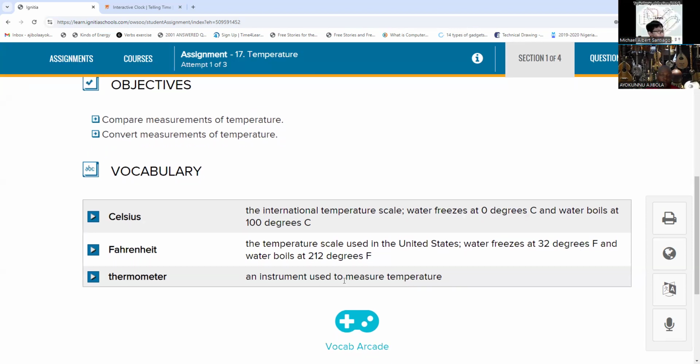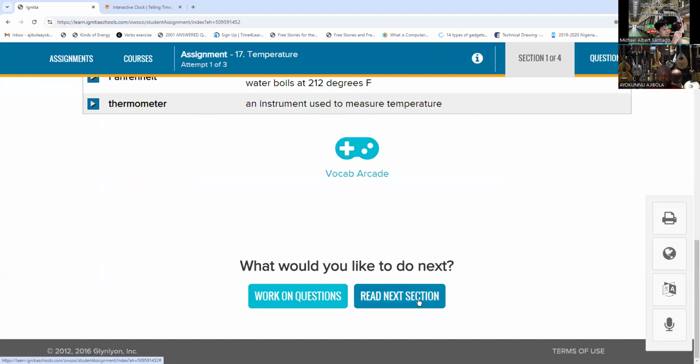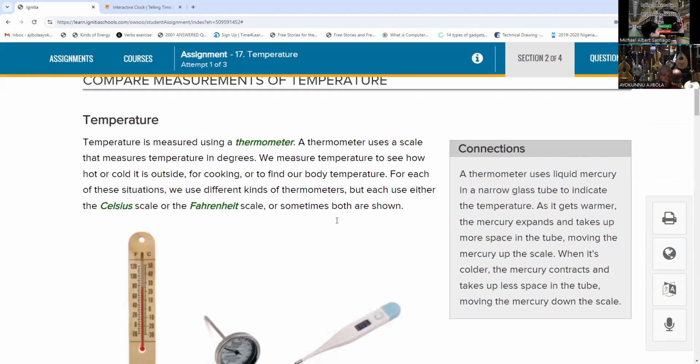An instrument used to measure temperature is a thermometer. So take note of these points, okay? So let's go to the next section and just see what's there.